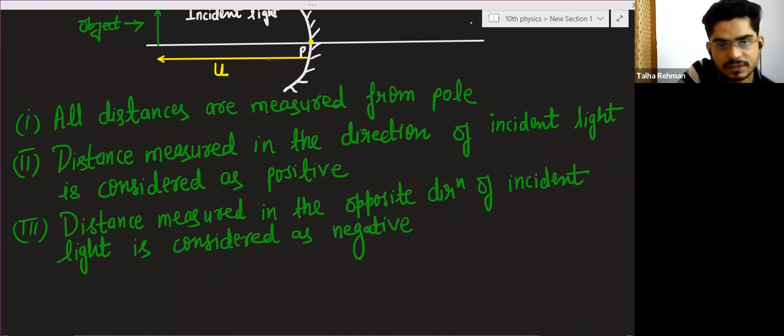We are measuring this distance in this direction and light is going in this direction, incident ray is in this direction. So this distance should be negative.